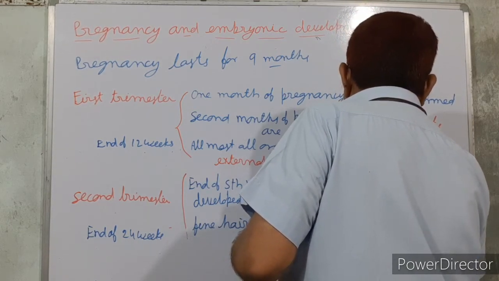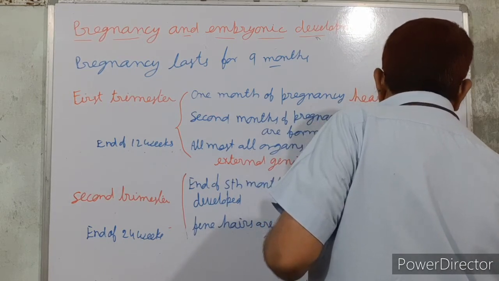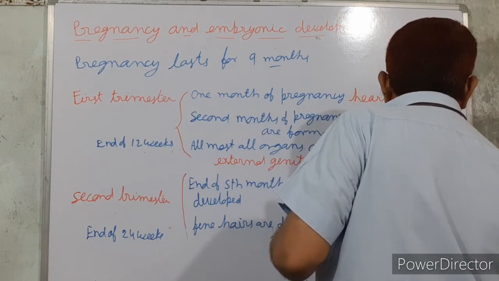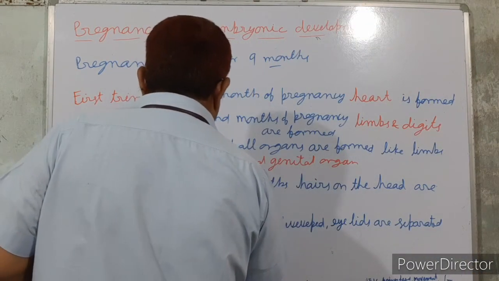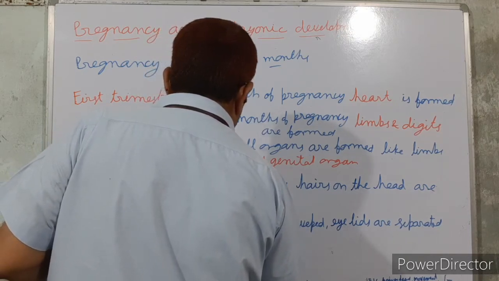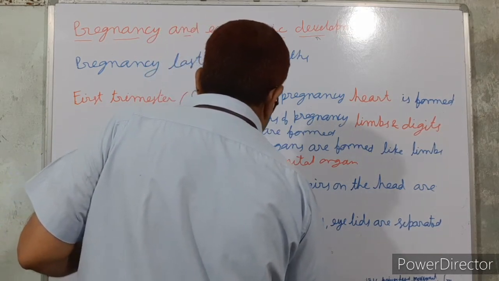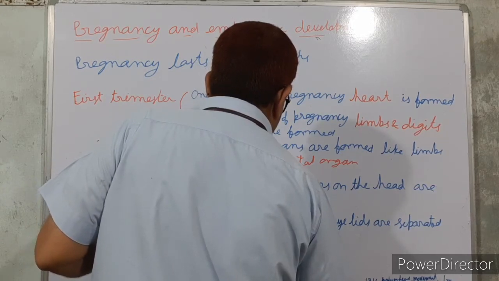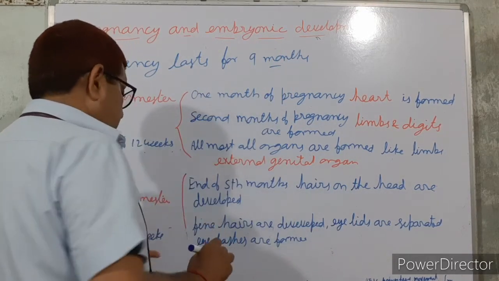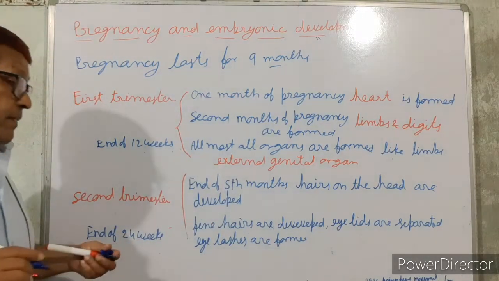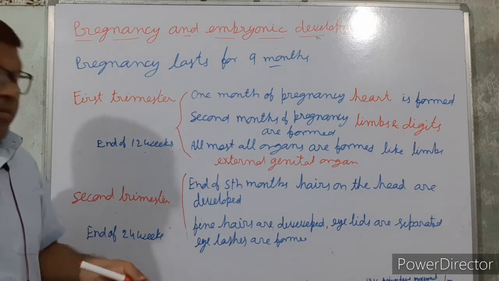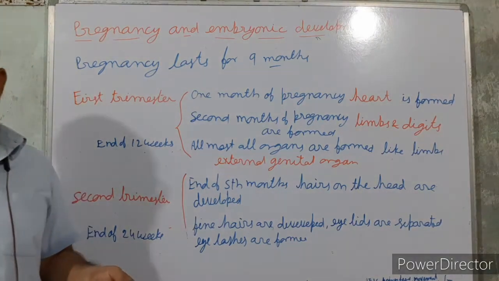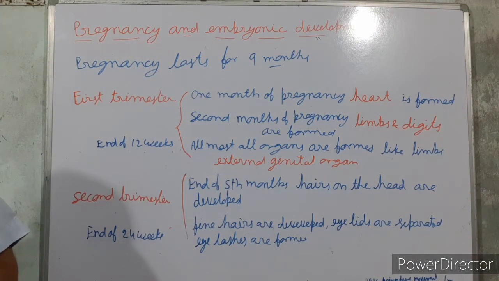Eyelids are separated and eyelashes are formed. It happens at the end of the second trimester, at the end of 24 weeks.